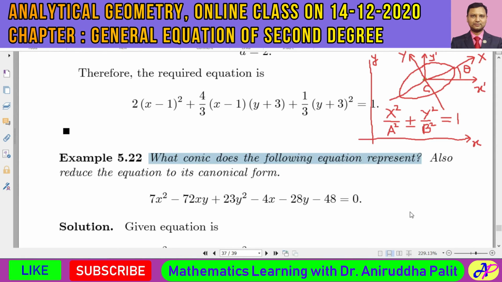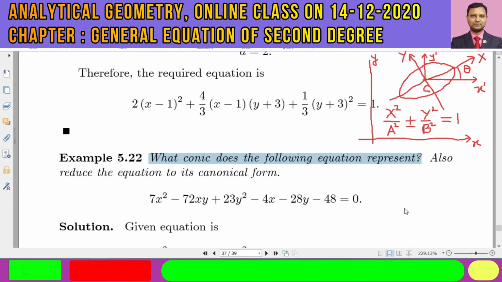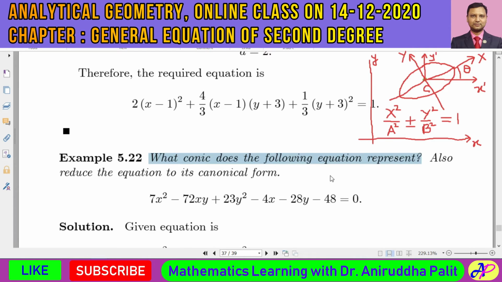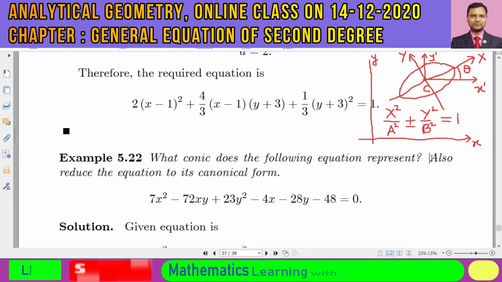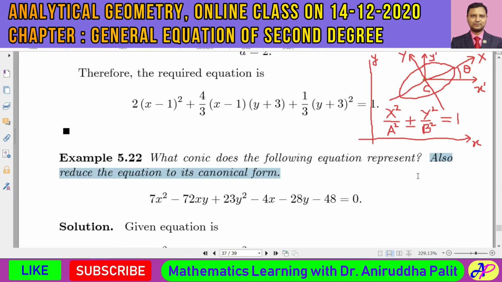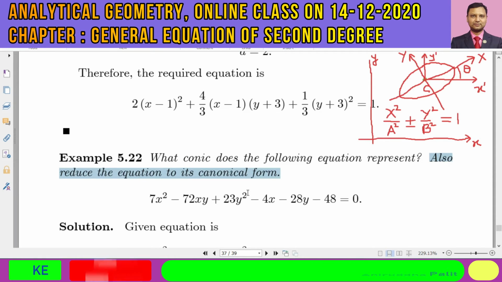Over here, by considering the value of delta and capital D, we can conclude about the nature of the conic, whether it represents a parabola or ellipse or hyperbola or a pair of straight lines. And second part, it says that also reduce this equation to its canonical form.